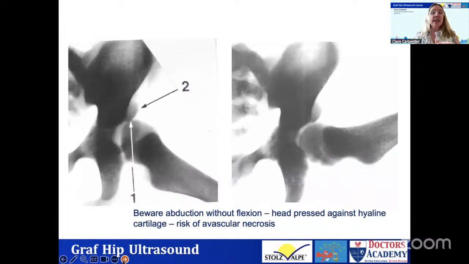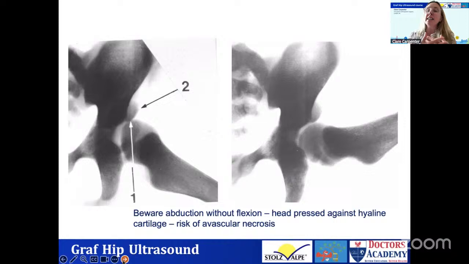And again, these two images show that on the left, if you just put that hip into abduction, you are not directing the center of that femoral head deep enough into the acetabulum. Then you've got almost point loading of that femoral head onto that acetabular edge.